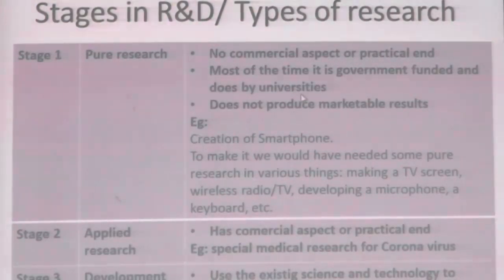So those things can be given as answers. For one question there will be 4 answers, so you have to select the most suitable answer. In order to answer that, you have to understand what pure research, applied research, and development are. You have to compare these 3 stages, then you can answer.